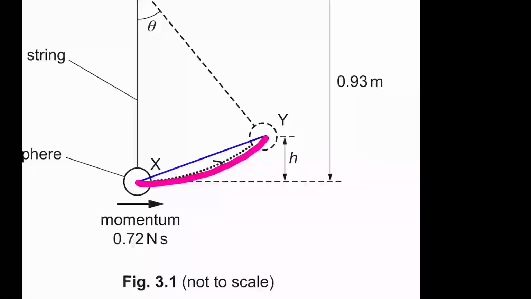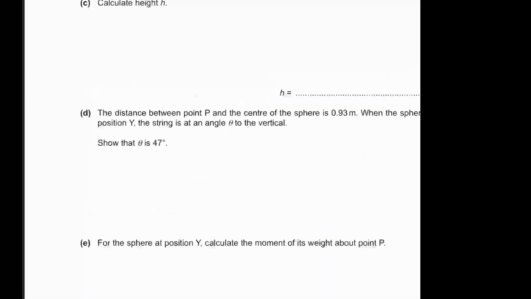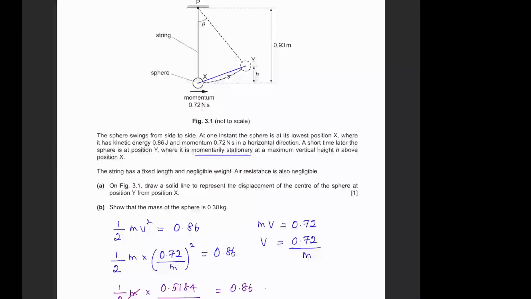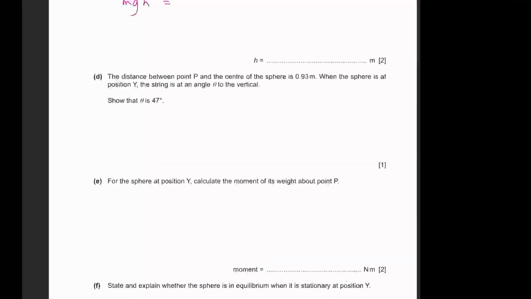There's no other mechanical work being done. There's no other resistive force. There is no other engine or anything. So x to y, gain in gravitational potential energy, mgh, is equal to loss in kinetic energy. Loss in kinetic energy is how much? 0.86.